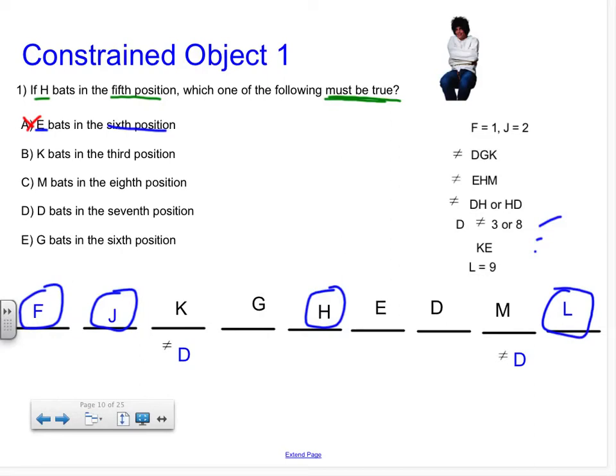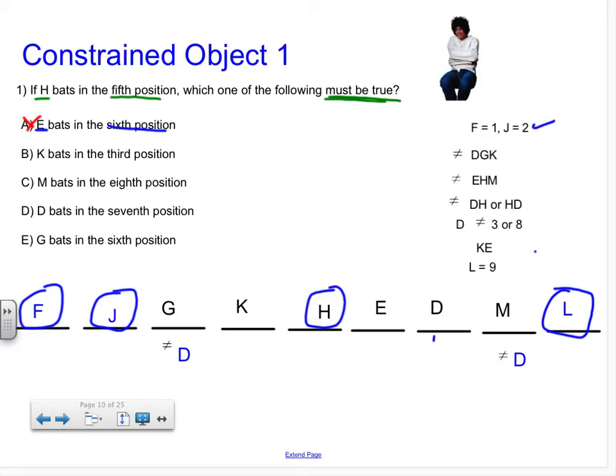So let's check the conditions. And let's see if this works still. So that K is not in the 3rd position. So for the first, we can ignore this one because these are constraints, so we're not moving them anyways.